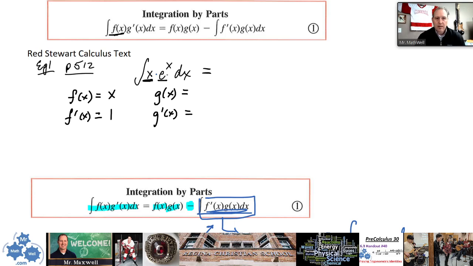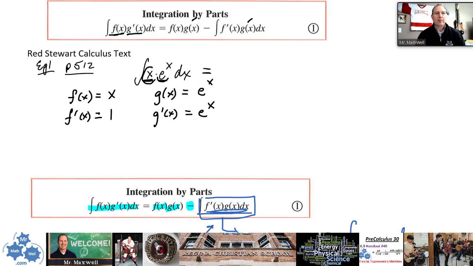Well, e to the power of x is actually in the place of this g prime of x. So I need to find out what g of x is. See, I've got g of x in two places there. So if e to the x is down here, what's the integral of e to the x? Right, it's just e to the x. So one of these functions is a derivative, and one of these is an integral. And we need to find the opposite.